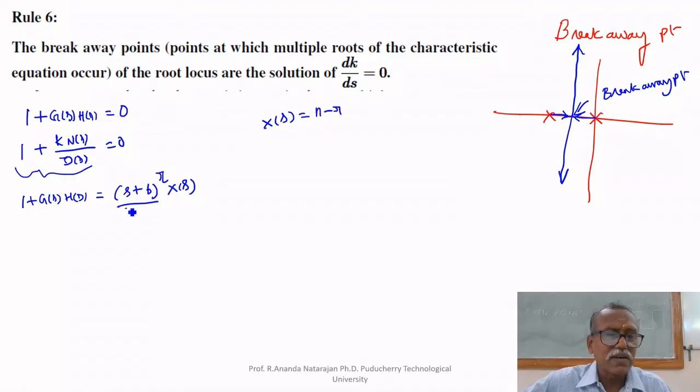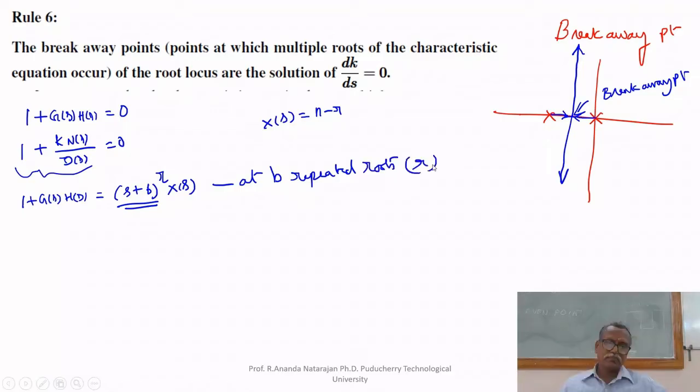It has repeated roots. What is the breakaway point? It has two roots at the same point. Breakaway point means repeated roots. So there are r repeated roots at b.